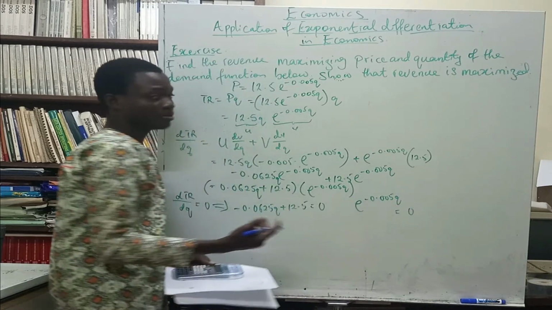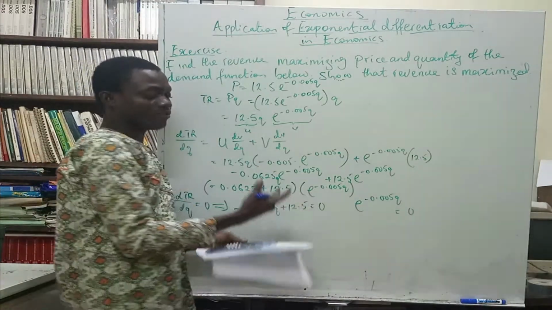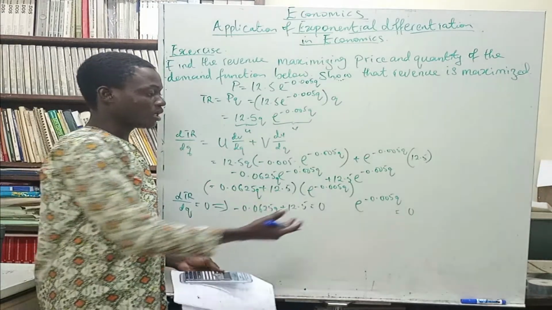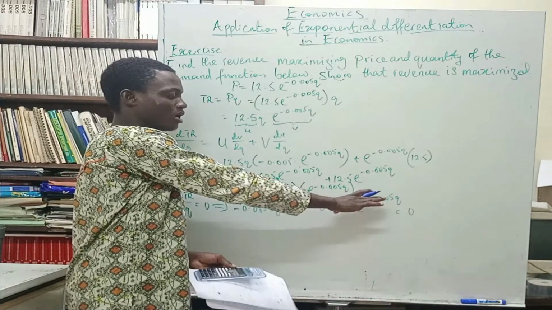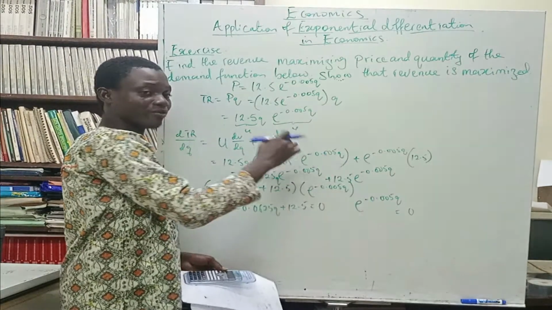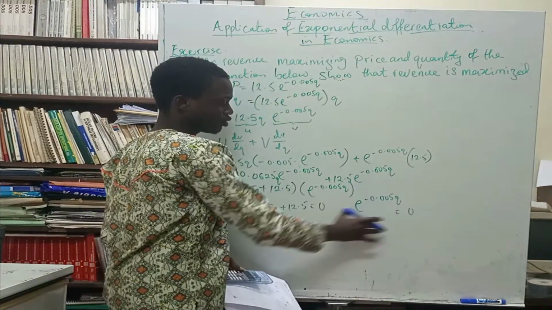I already mentioned in the previous class that even if the value of Q was 0, e raised to power 0 is not going to equal 0. So there's no value of Q that will make this entire function equal to 0.